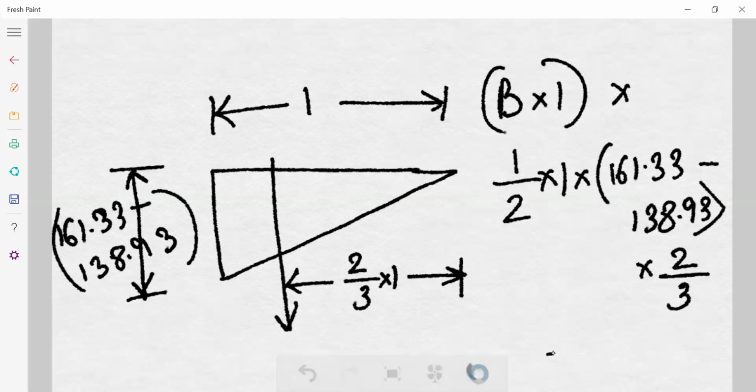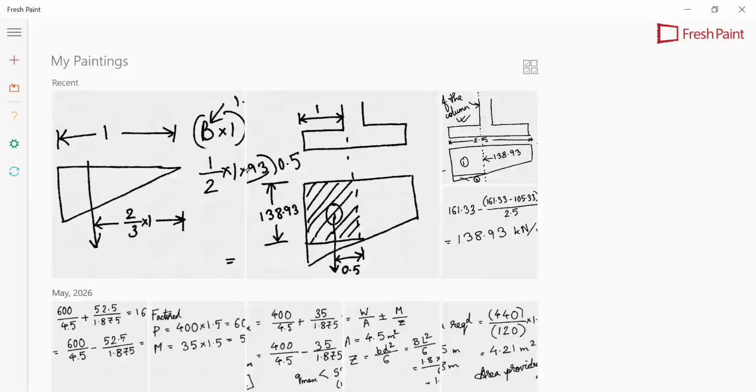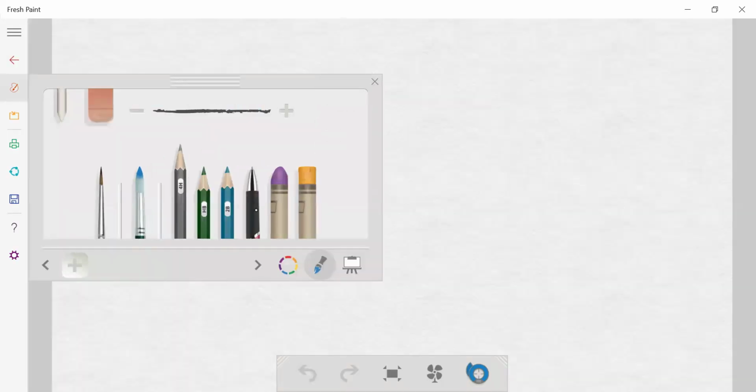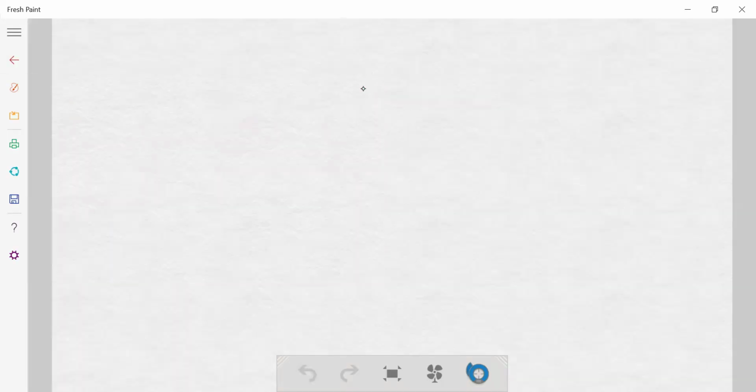This will give us the moment. Okay, so in this way we calculate the moment. This one is the moment due to the triangular part, and B is 1.8 meter. Earlier we have already got the moment due to the rectangular part. Okay, so I'll just write the whole equation once.